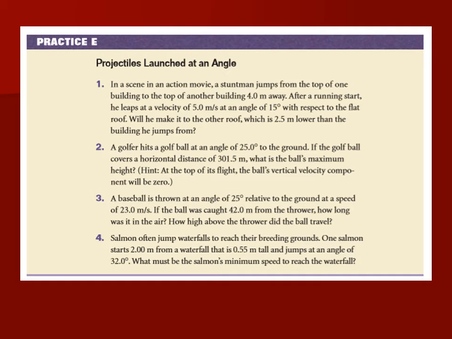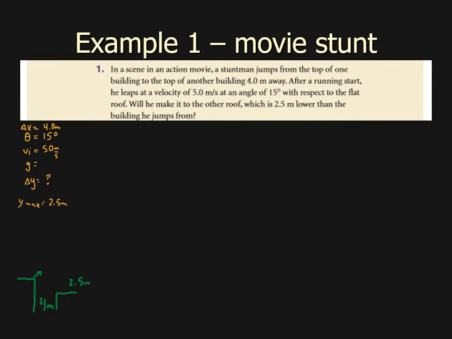Okay, let's start with number 1. We have a stuntman, a stunt person in the movie. Okay, so example 1, movie stunt. What do we have? Well, over here on the left, I've actually already listed my known variables. If I were doing graphs, this would be the given and then my requested. So I've got that right there.